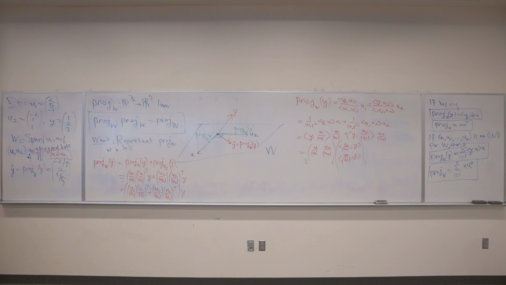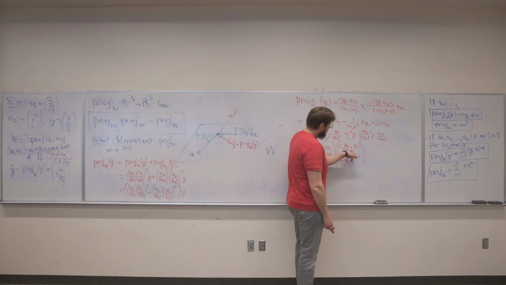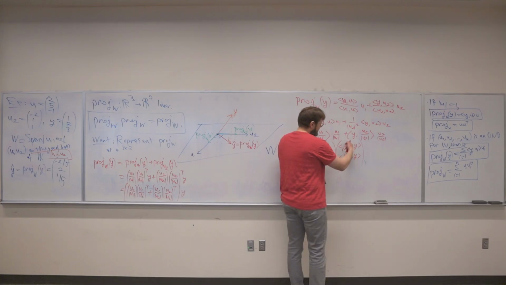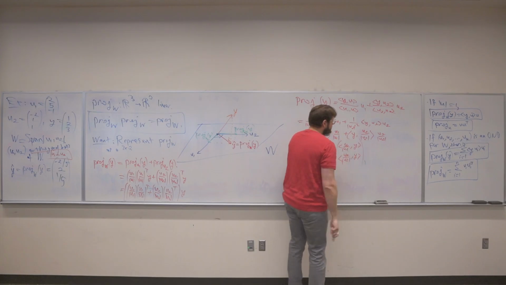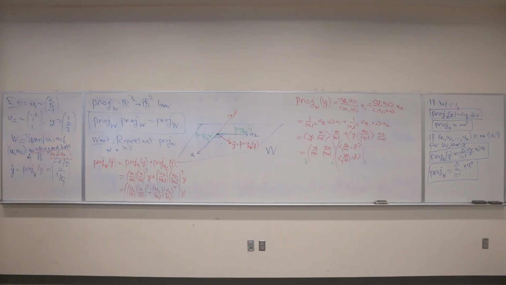Okay. But also, this entry, this inner product, is nothing but this considered as a row multiplied by this, because by definition, that's how you take the inner product of two vectors. Right?